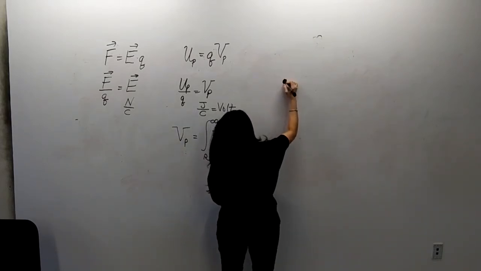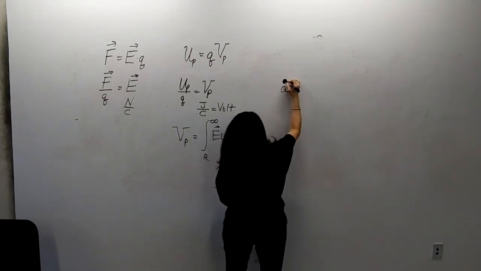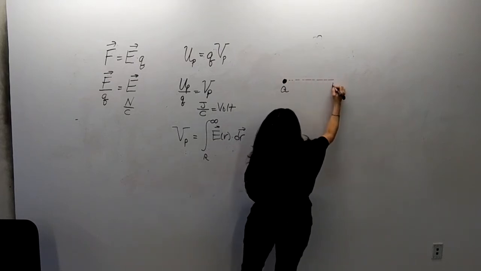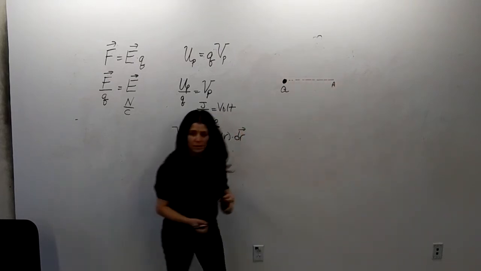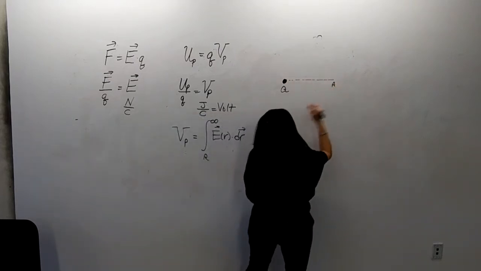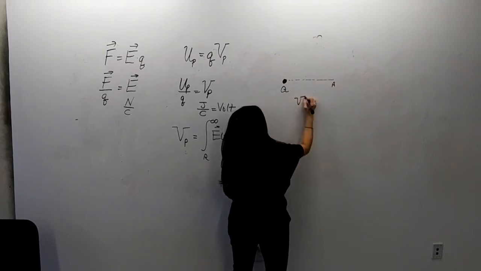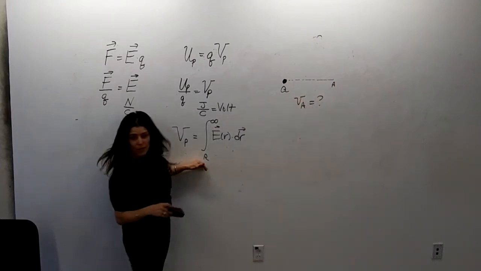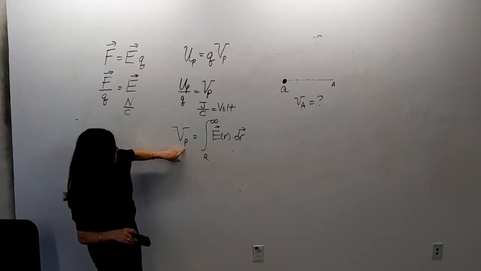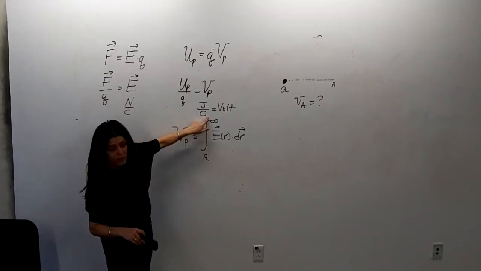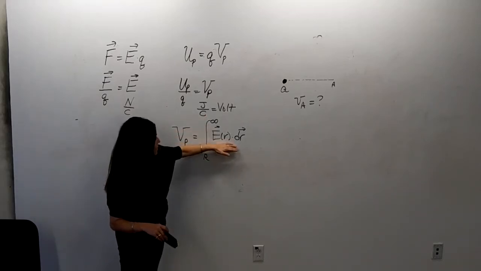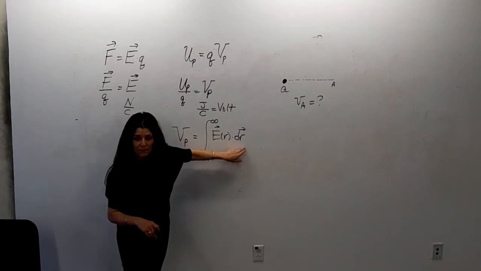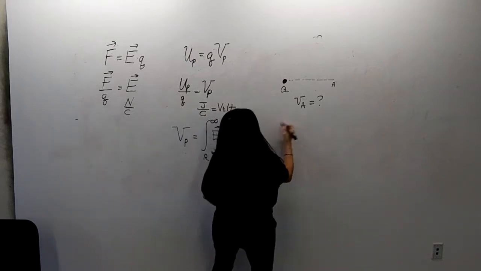So let's say I have a point charge Q, just like I did before. I have some point A over here, and I want to know what's the potential at point A. Well, using this equation, I know the potential at point A is going to be the integral from point A to infinity of the electric field produced by Q dot dr. So let's do that.